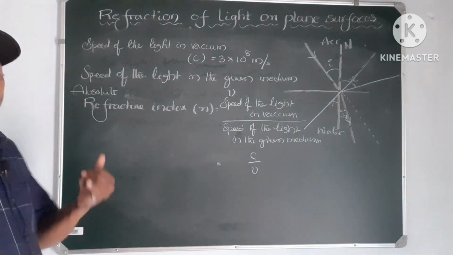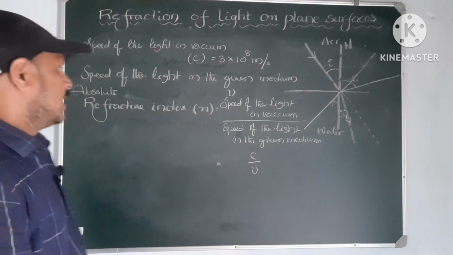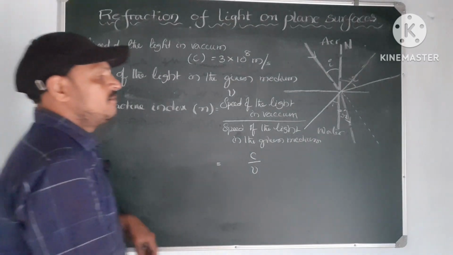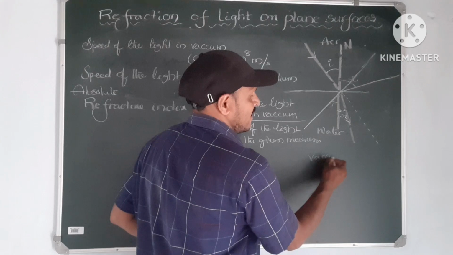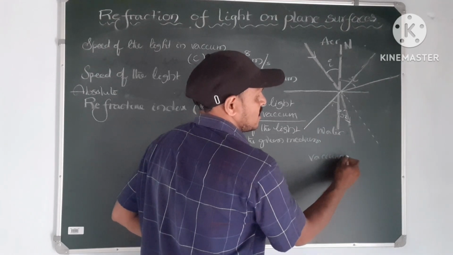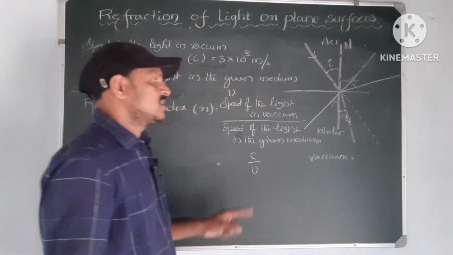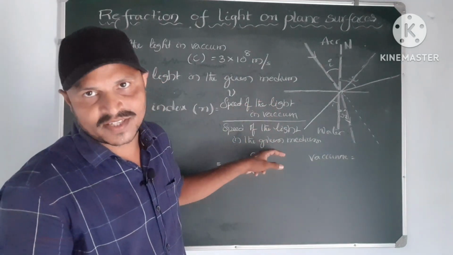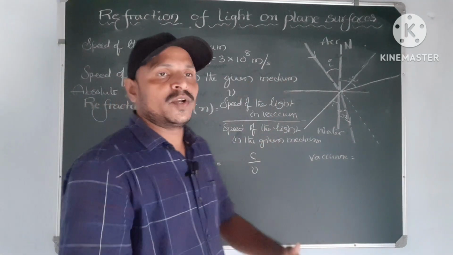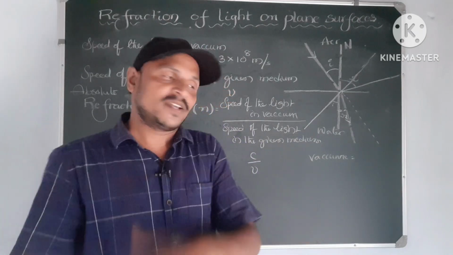Refractive index of some media. What is the refractive index of vacuum? Refractive index of vacuum means velocity of light in vacuum by velocity of light in vacuum, which is 3 into 10 to the power of 8 by 3 into 10 to the power of 8, equal to 1.